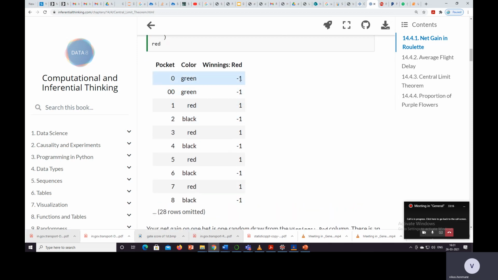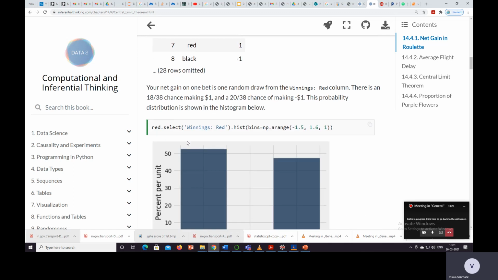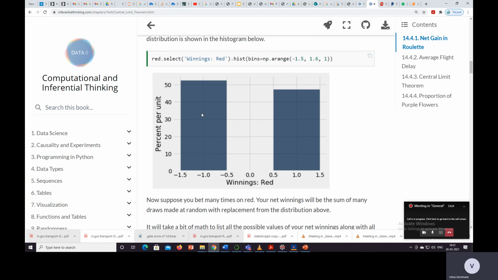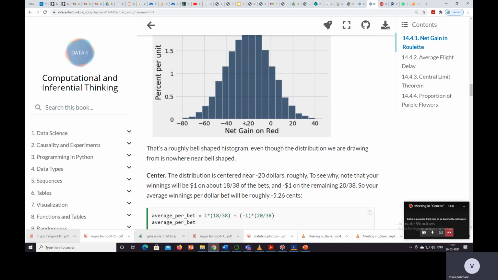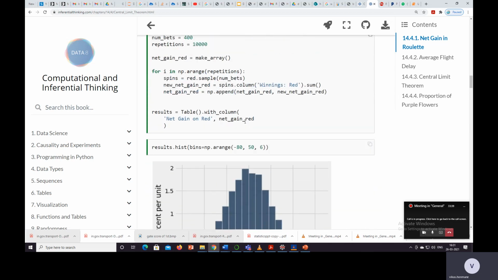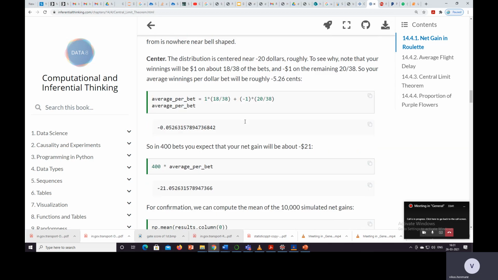When we get green we get -1, and when we get red we get +1. The chance of winning red is above 50% on one side and below 50% on the other, and the winnings are also normally distributed.